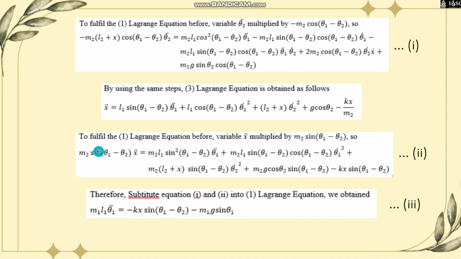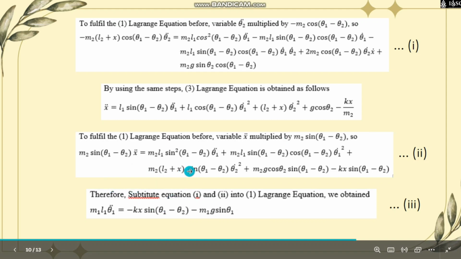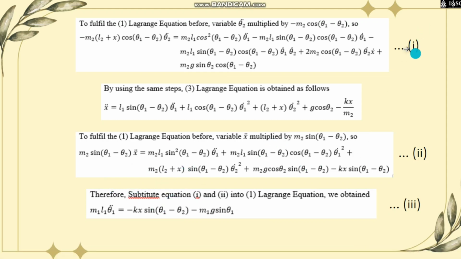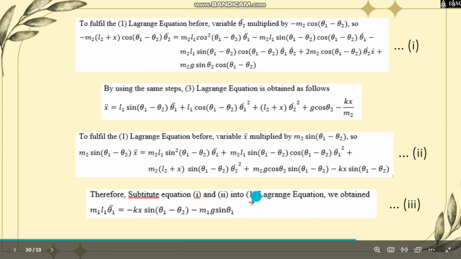To fulfill the first Lagrange equation from before, the variable x double dot is multiplied by m2 sin of theta 1 minus theta 2, so this equation becomes this. Now if we substitute the first equation and the second equation into the first Lagrange equation, we obtain this.